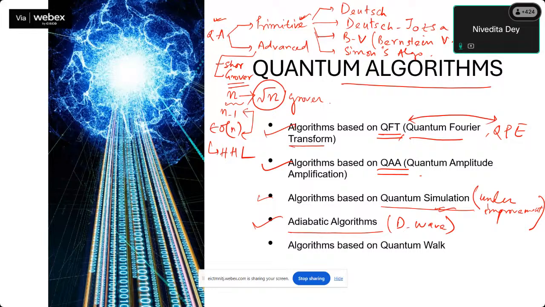For optimization problems, what they do is they encode the best optimal solution as the ground state, and then they prepare their state as per their logic, in such a way that whether it is the minimum cost solution or the minimum time solution, it will ultimately be obtained as the optimal solution, as the ground state Hamiltonian.